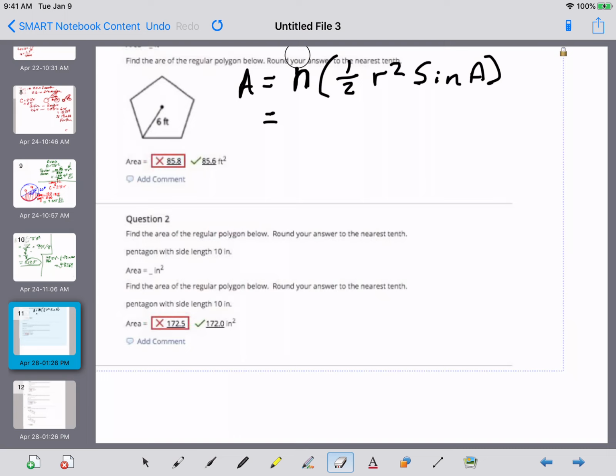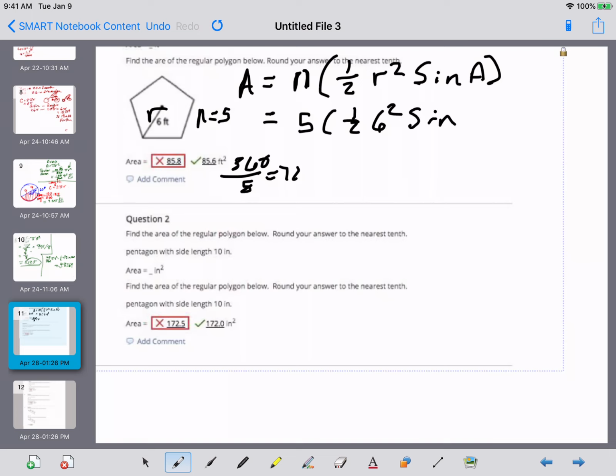Let's make sure that looks more n-ish than h-ish. So here's the deal. This is r. My n is equal to 5, and there are 5 equilateral triangles in there. Because of that, I'm going to go 360 divided by 5 to get 72. Now I got 5, 1/2, 6 squared, sine of 72.